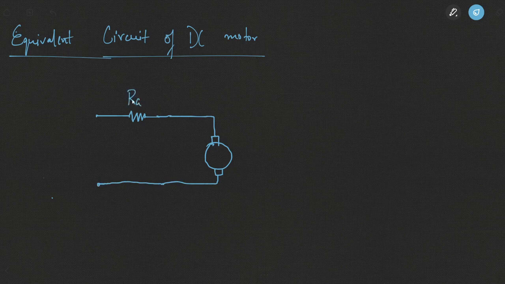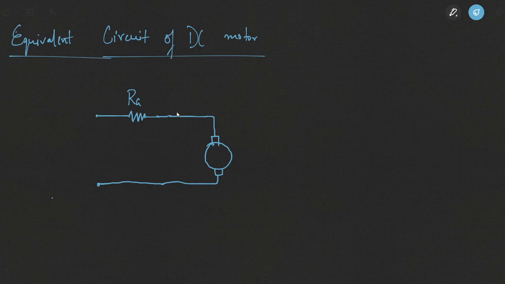So what is RA? RA is the internal resistance of the armature windings. So we have seen there are a number of windings, number of conductors found on the armature. So the total resistance of that is shown through armature resistance, as well as the resistance that leads to basically voltage drop in the brushes.